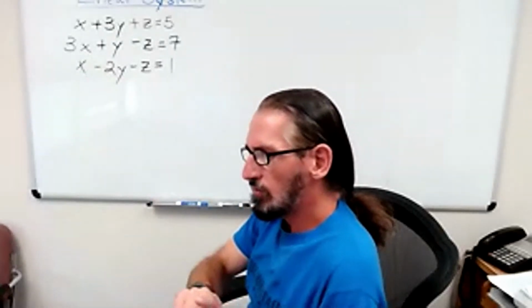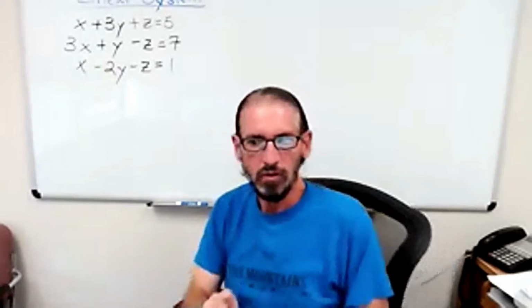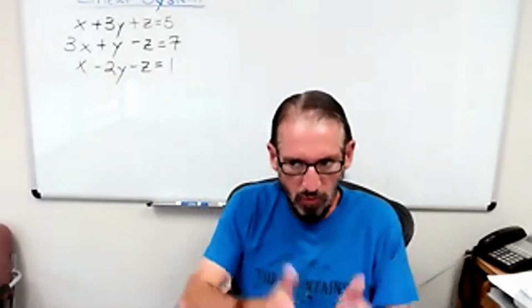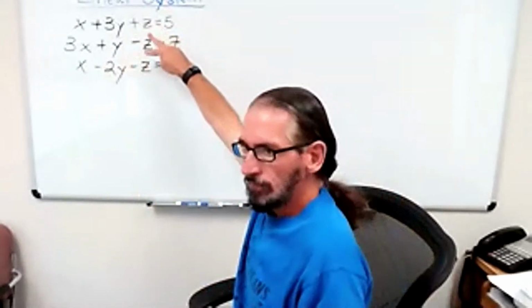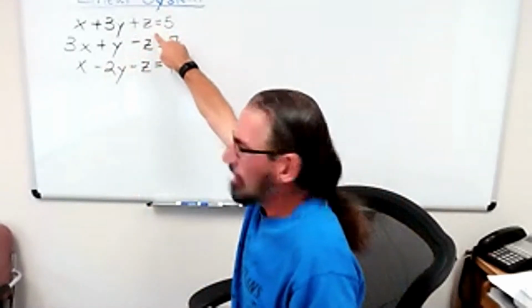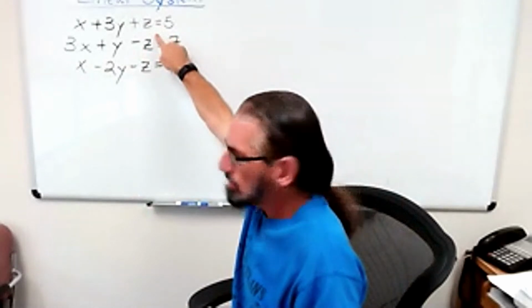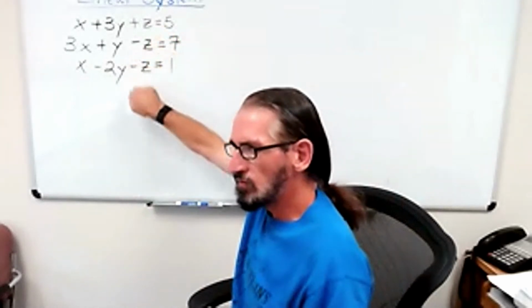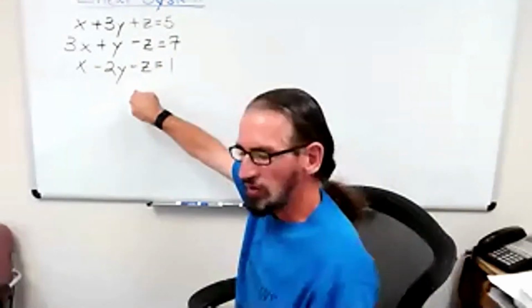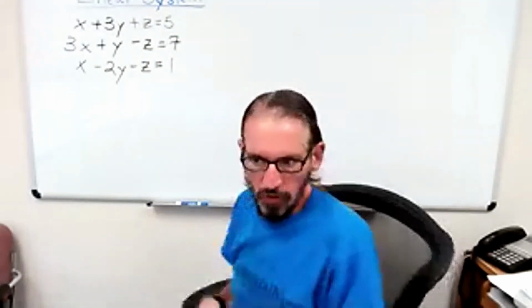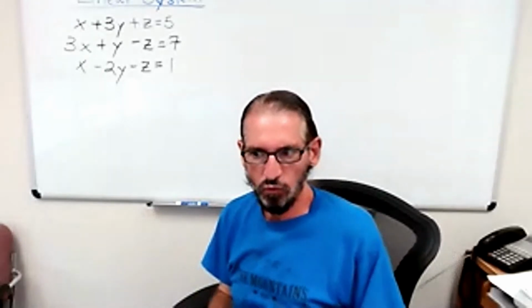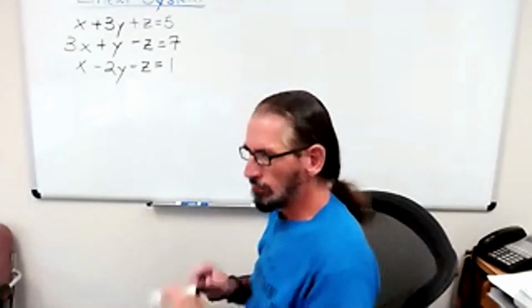Just because that was the thing that we got to cancel first in the previous example when we went from system 1 to system 2. Even better yet, we could use that positive 1z to cancel the negative 1z in both equation 2 and 3. So my working equation or my focus equation is equation 1.